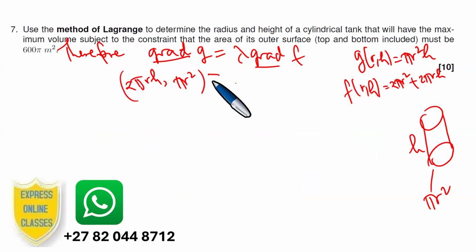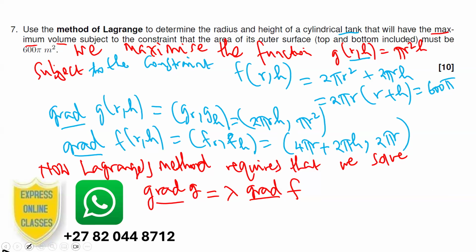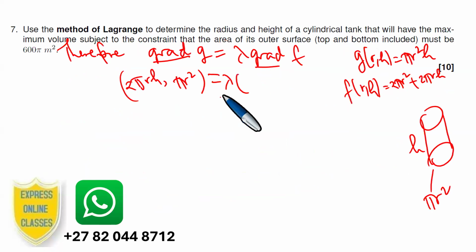Lambda times the gradient of F, which is 4 pi r plus 2 pi h, and 2 pi r. So the gradient of F is (4 pi r plus 2 pi h, 2 pi r).